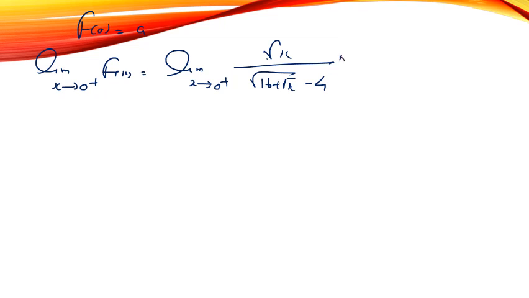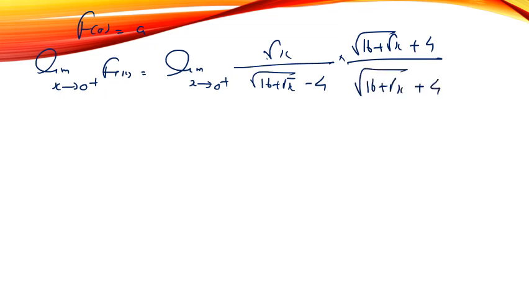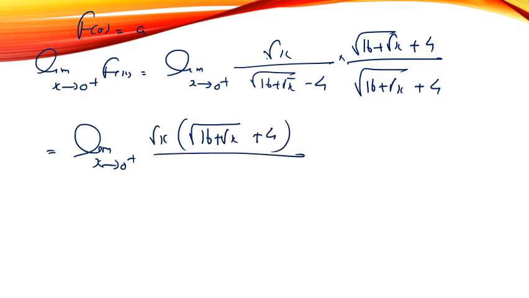Now what should we do? We take root of 16 plus root x plus 4 by root of 16 plus root x plus 4. What comes? Limit x tends to 0 plus root x into root of 16 plus root x plus 4 by, in the a plus b into a minus b form, 16 plus root x, whole square, minus 4 square.